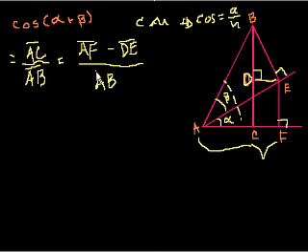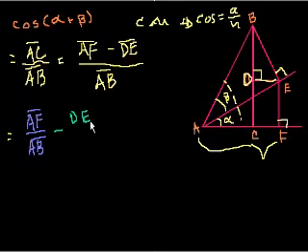Then, of course, we can rewrite that, and I'm going to switch to some different colors, as AF over AB, and we switch to maybe green, minus DE over AB. So we have now AF over AB minus DE over AB. And those are kind of nonsensical ratios to me.